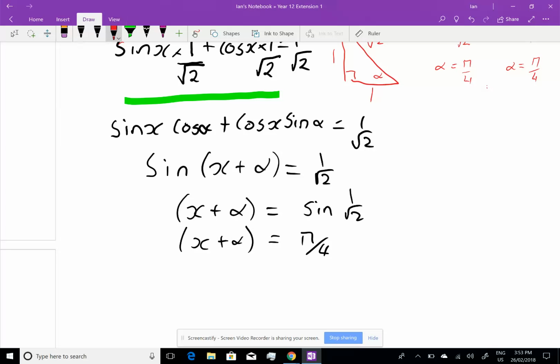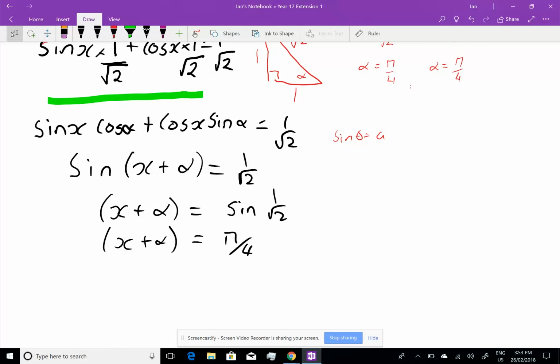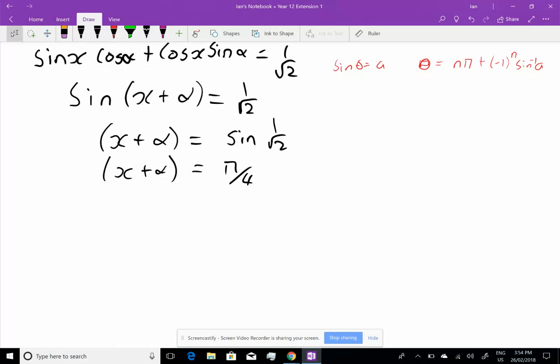Well, I look to my formula sheet, and sine theta equals A. The general form is theta equals n pi plus minus 1 to the n inverse sine of A. So I just go down here, and it makes really easy sense.